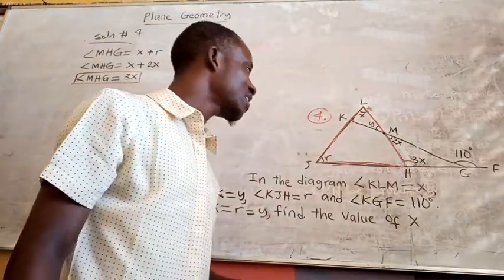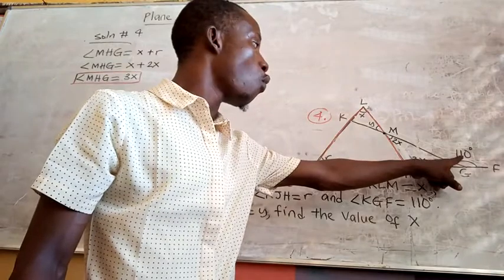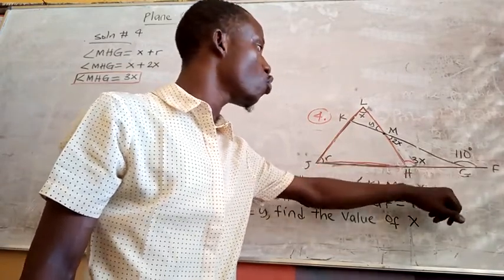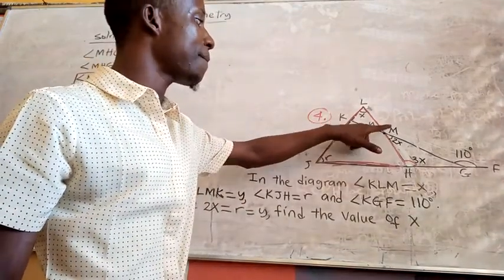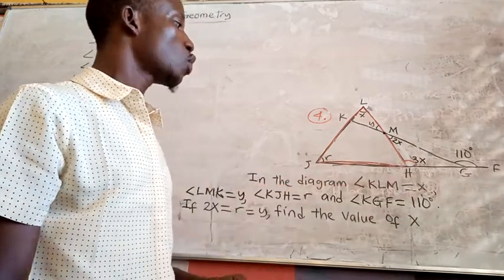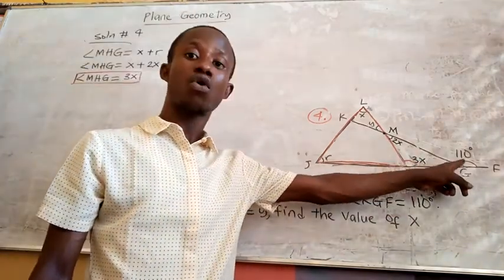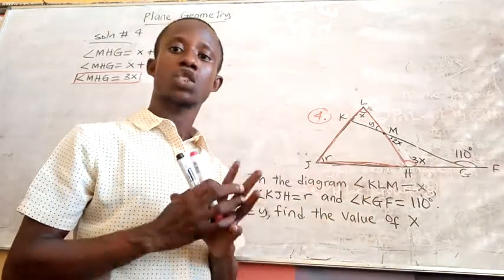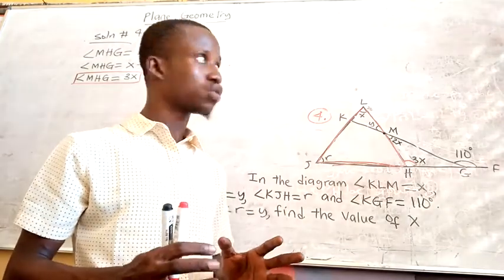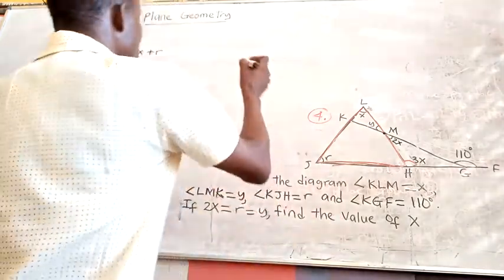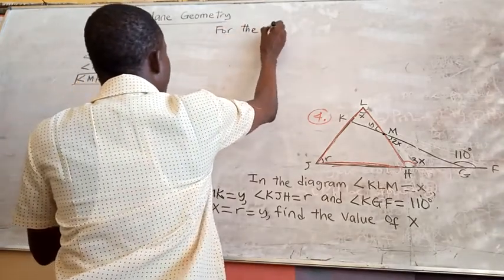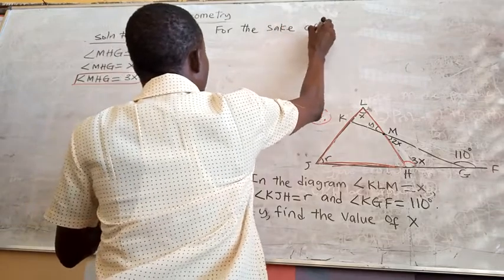Now we can clearly see that the 110 degree angle is an exterior angle to 2x at point M and 3x at point H. The exterior angle is equal to the sum of the two remote interior angles.